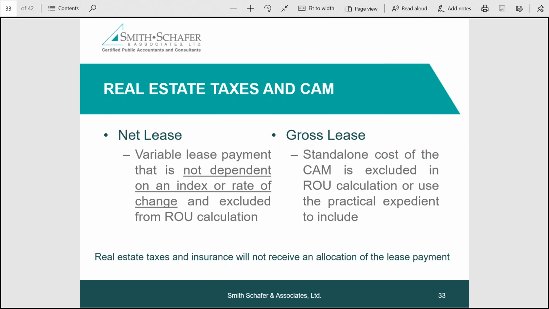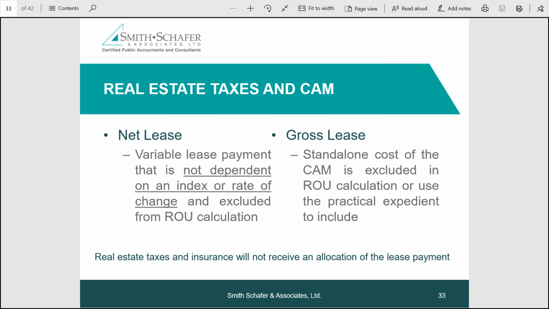If you have a net lease, the term net is referring to your base rent is net, your common area maintenance charges, your insurance expenses, and the real estate taxes. So I'm going to use my base rent for my right of use asset. So that number is going to be significantly lower than my total payment.